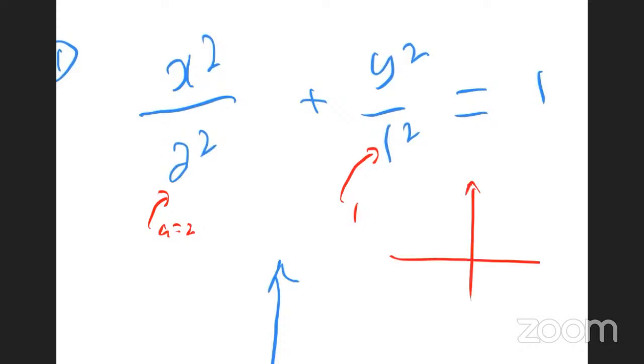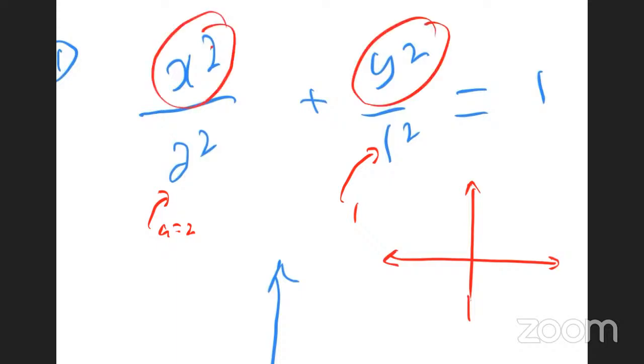Go to your axis. You're sketching 2 on this side and 2 on this side, since the center is 0, 0, and 1 on this side and 1 on this side. And then connect it up. That is your ellipse.